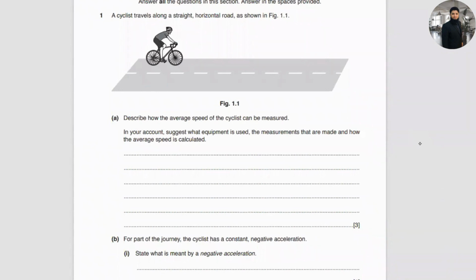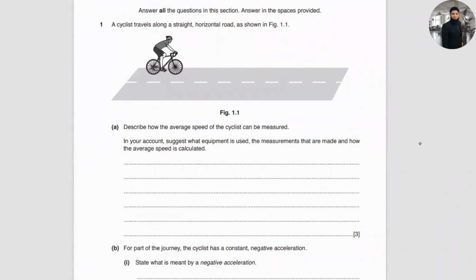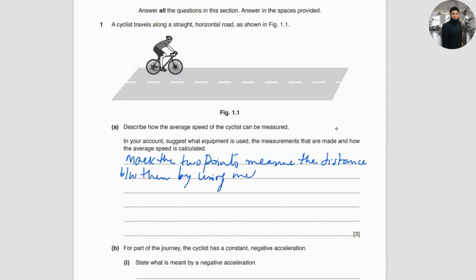So first of all, we must mark the 2 points, measure the distance between them by using a meter rule or tape measure.